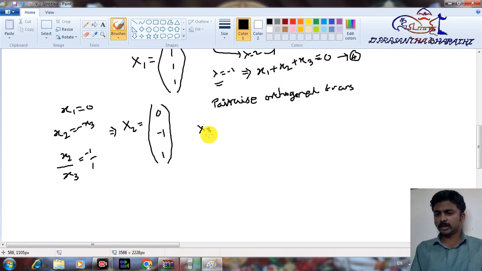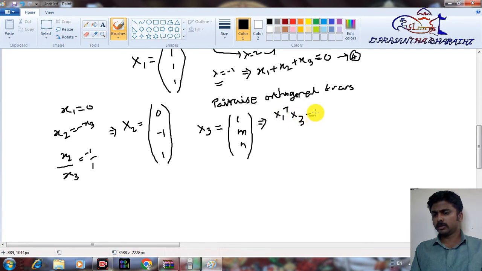So x3 can be assumed as L, M and N, and it will satisfy the condition x1 transpose x3 equal to 0.